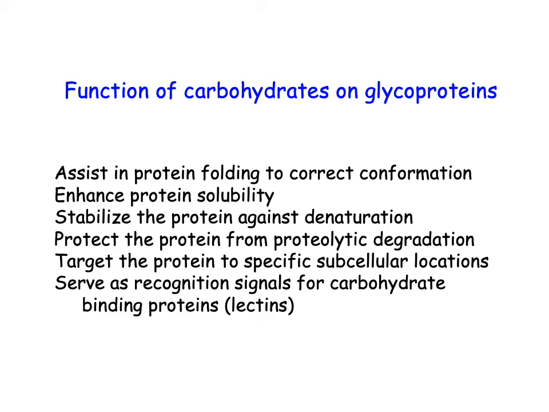So more often than not, if we are able to raise an antibody against a bacterium, potentially a pathogen, it will be directed at the carbohydrate on the surface rather than at a protein. Again, not always, but probably more often than not.